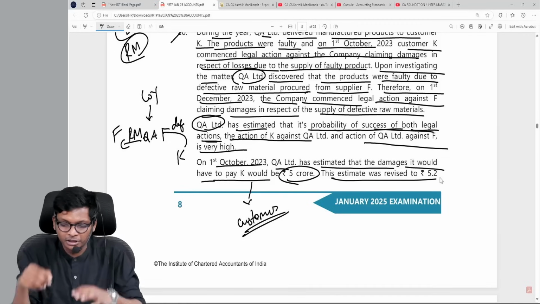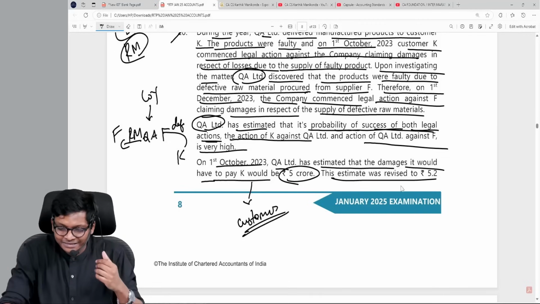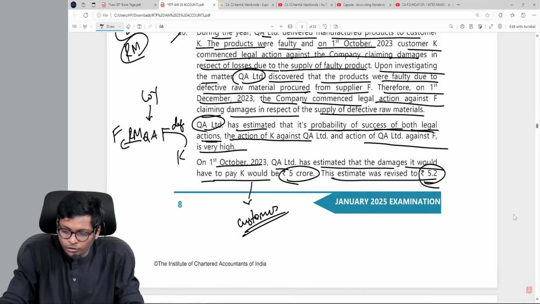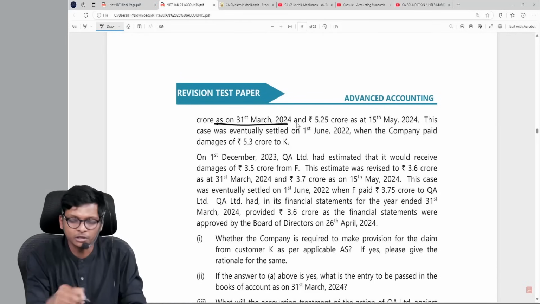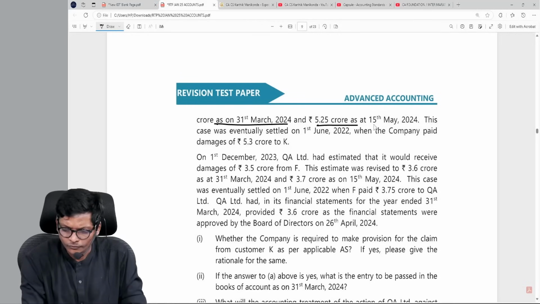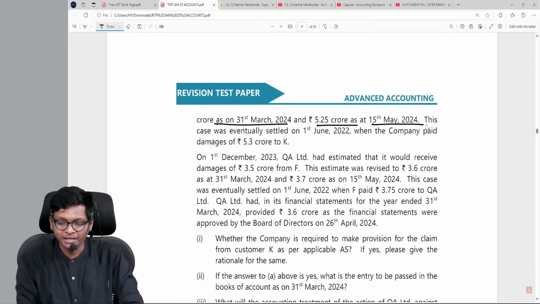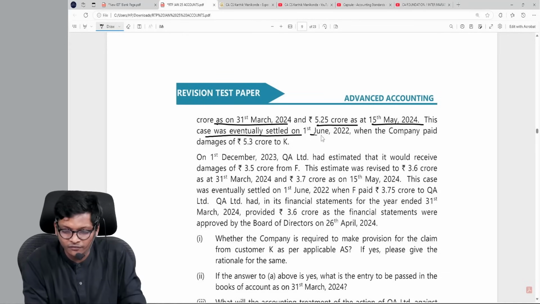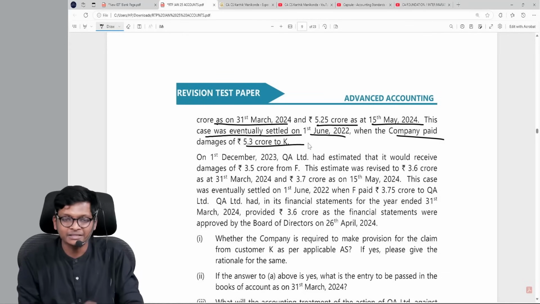Then this court is still yet to decide. Then the estimate was later revised to 5.2 crores on 31st of March and 5.25 on 15th of May. This case was eventually settled on 1st June when the company paid 5.3 crores.